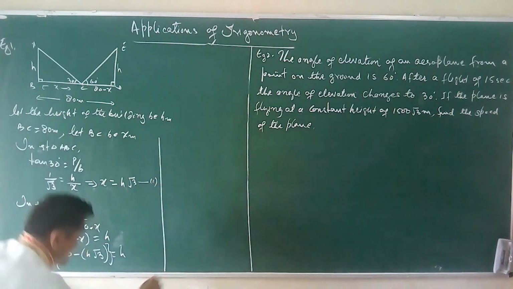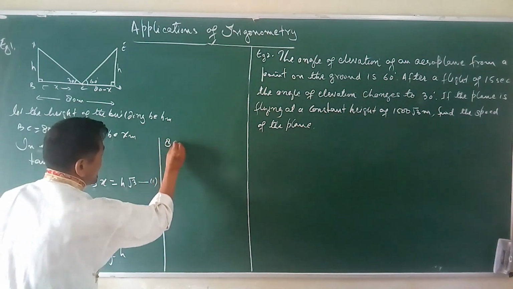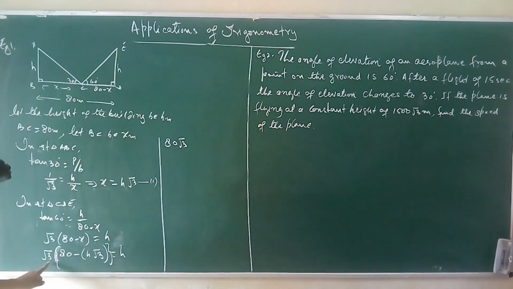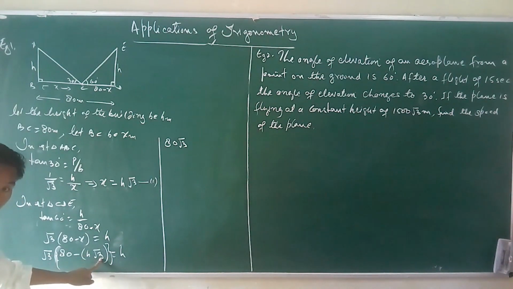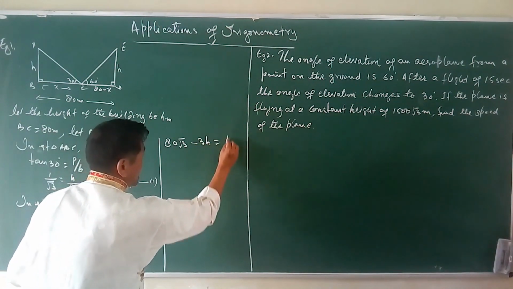That is my bracket. 80 root of 3. So 80 root of 3. Then bracket, tan root 3 into root 3 is 3. So negative 3H. Negative 3H equal to H.